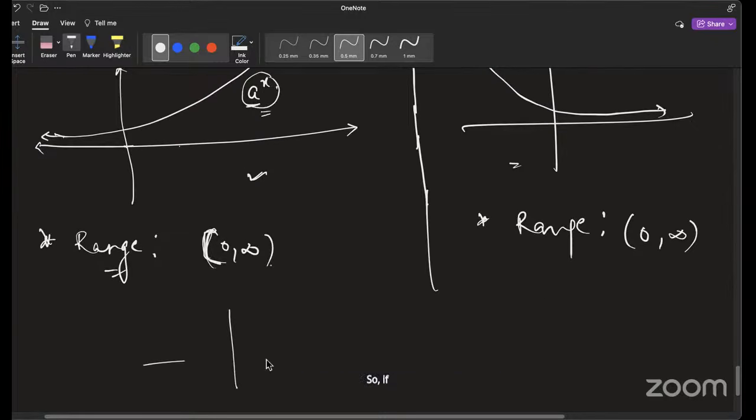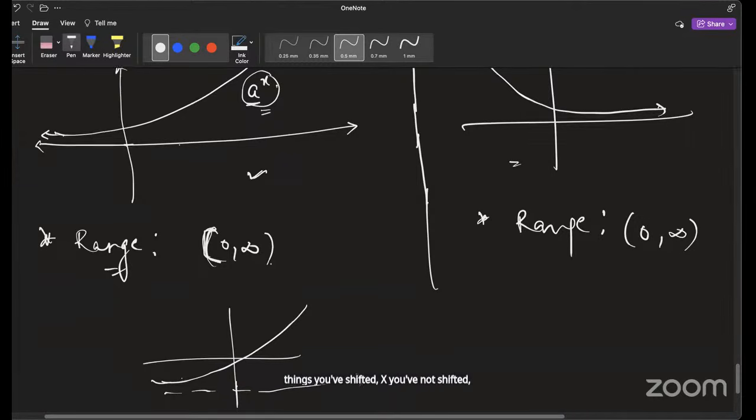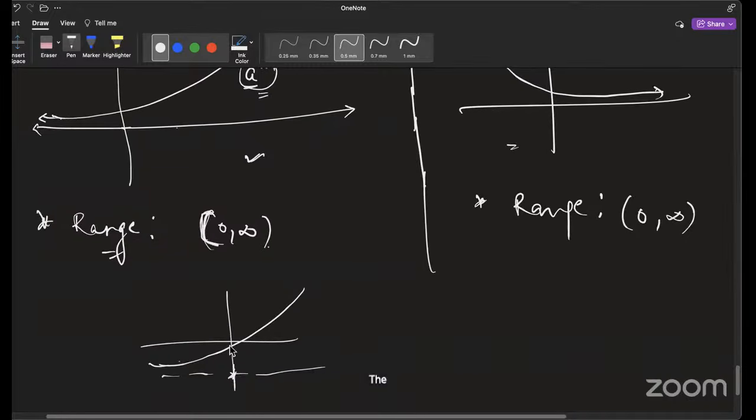If you have shifted it here, you're saying that this is a line here. You have not shifted x, you have shifted y, right? The origin gets shifted to this point. If this was 0, 0, initially, it gets shifted to 0, b, let's say.